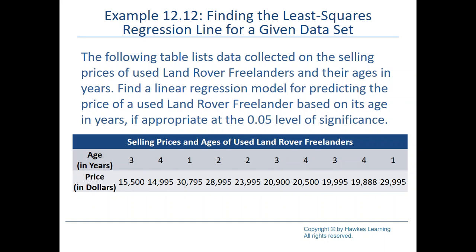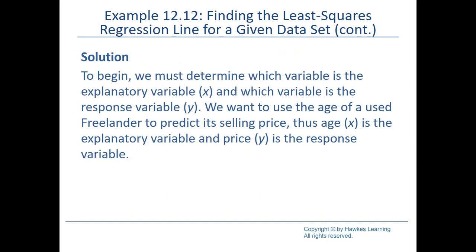And now, if it's appropriate, we're going to also do a 0.05 level of significance to see whether or not this is going to work. So the first thing I'm going to do is, again, determine which variable is which, and we're going to let X be the age, okay? And then how old it is is going to dictate the price, so Y is going to be the response variable, which is the price of our Land Rover.